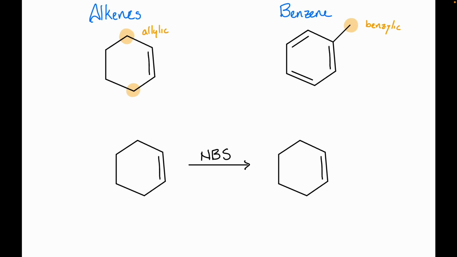Say it again. It's not a reduction, no. This is what we call an allylic bromination reaction, where this NBS reagent here, it sticks a bromine on the allylic position of your alkene.